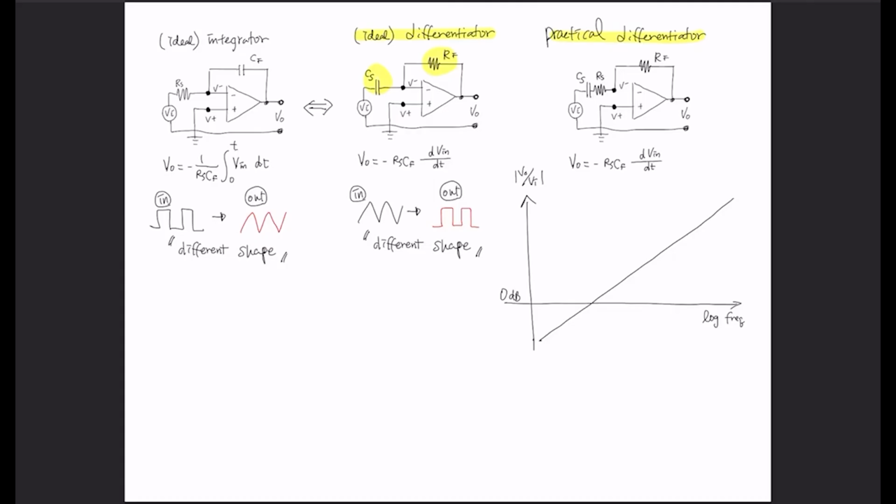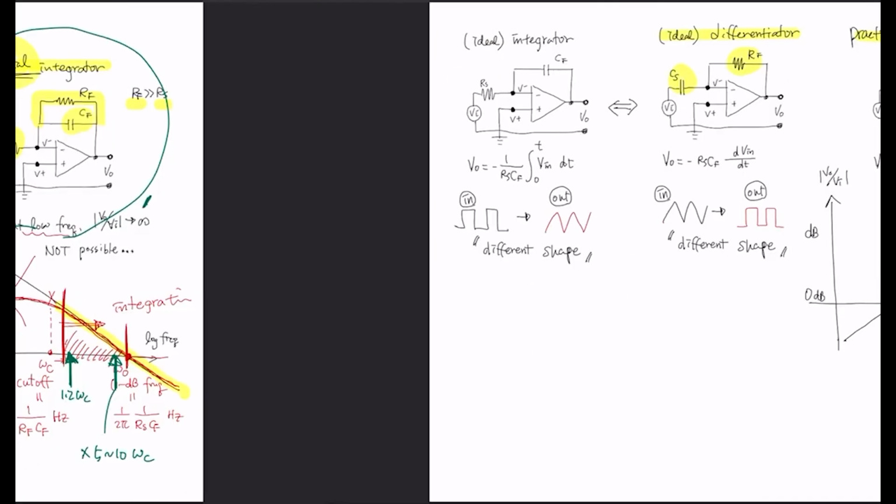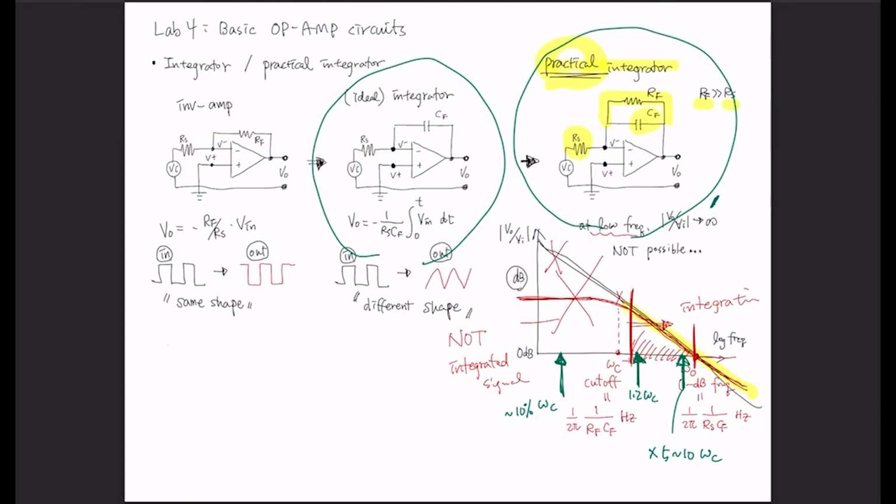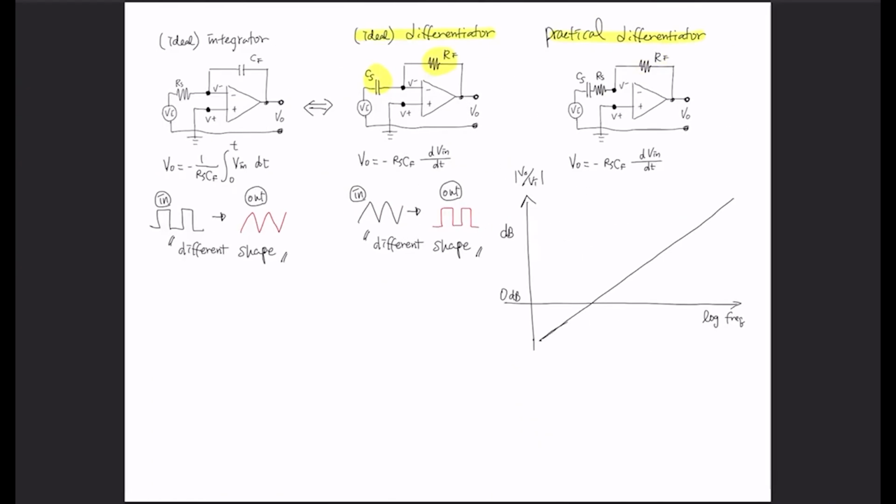And if we draw the frequency response, again this is in dB scale, and this is log frequency. Different from the integrator's straight line going down, in this case it is a straight line going up, and what is going to be the problem? This part is going to be the problem, because your output over input ratio, or the gain, is going very, very large, which is not possible. So you are adding an additional series resistor, and that is chopping down your frequency response.